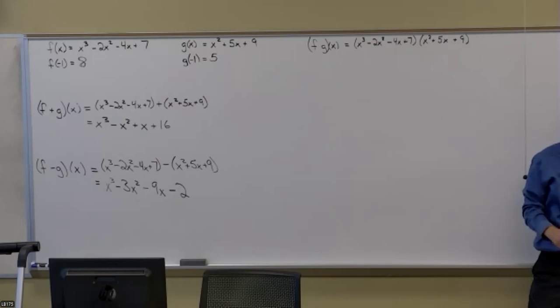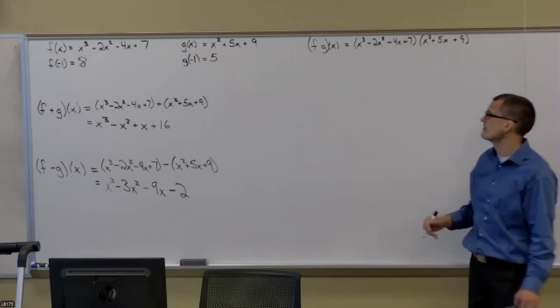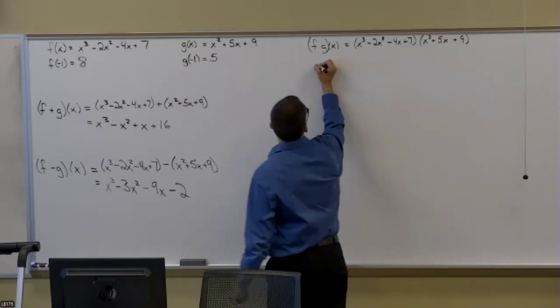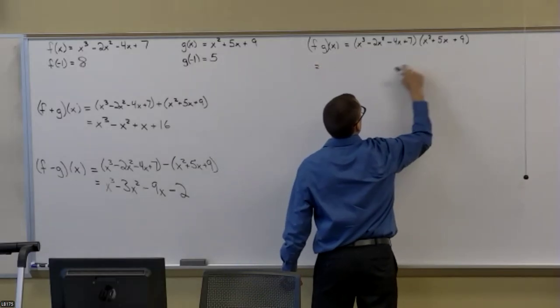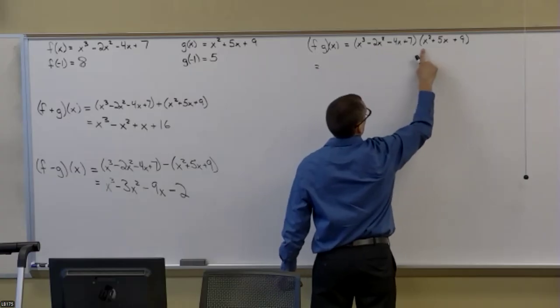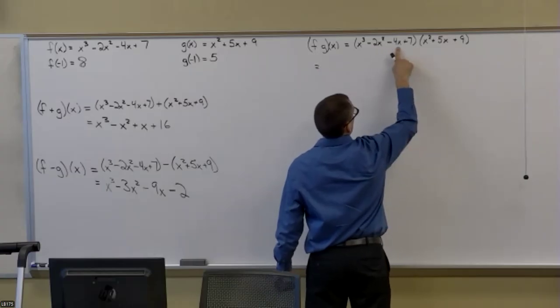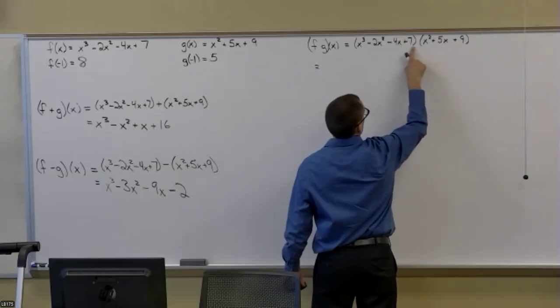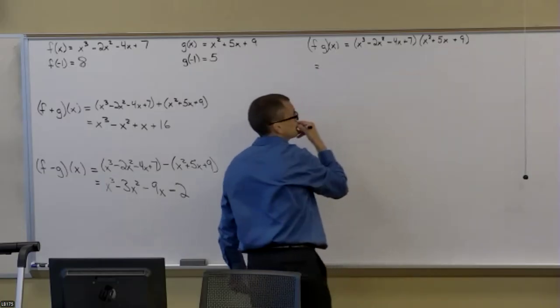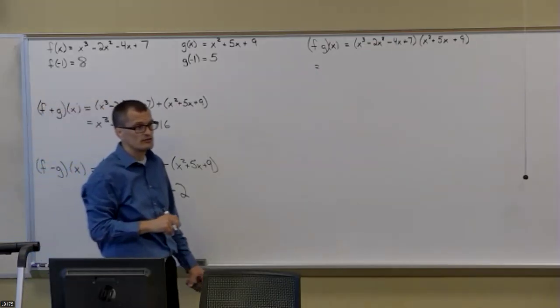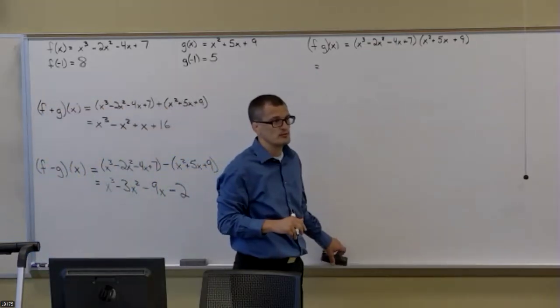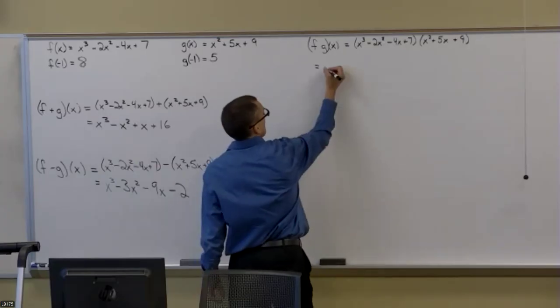That's fine. A lot of terms is just a lot of terms. You could go through this: I'll multiply the x cubed by everything, and then the -2x squared by everything on the right, then the -4x by everything on the right, and 7 by everything on the right. I'll try to do that as quickly as I can. I know it's really boring to do all that busy work, but we'll go ahead and try it.